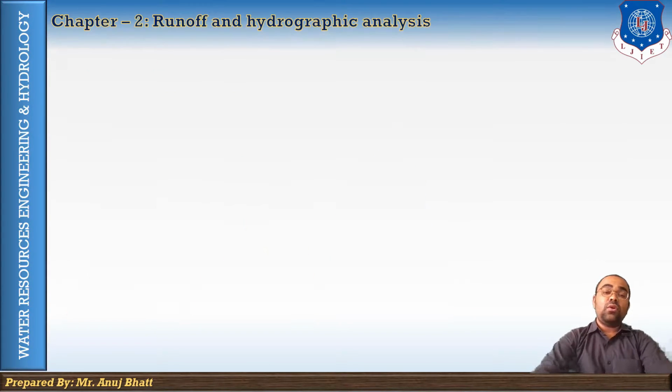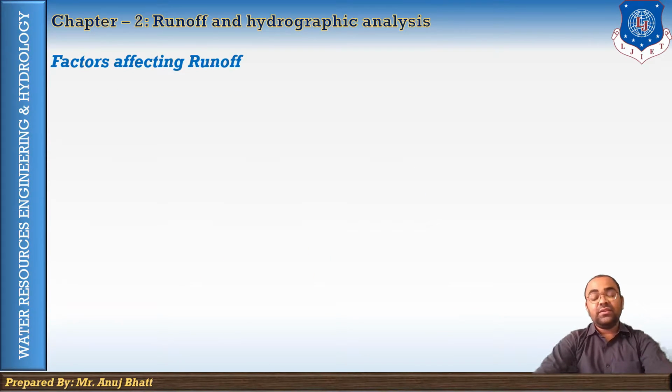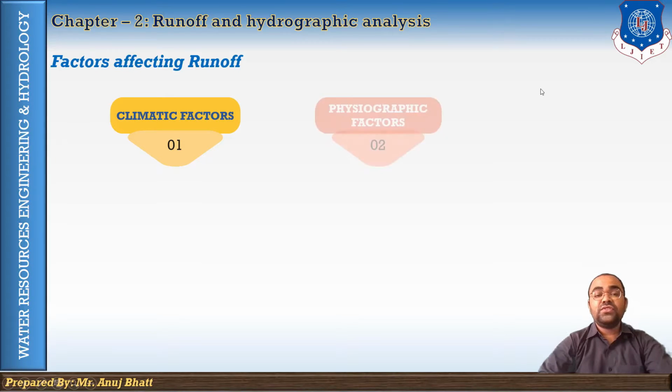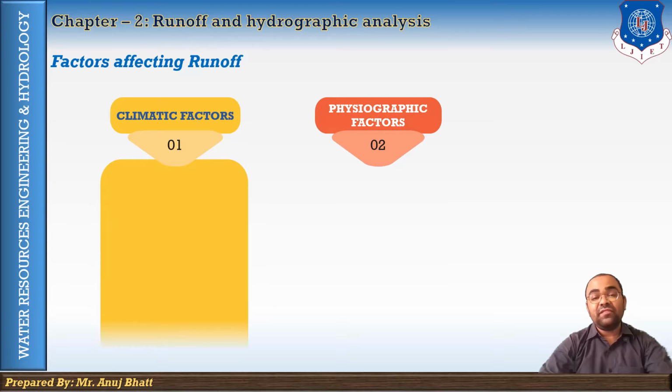Now let's discuss some of the factors affecting the runoff. The runoff from the drainage basin, or the catchment area of a natural stream, depends on several factors: climatic factors and physiographic factors. First, let's discuss the climatic factors.